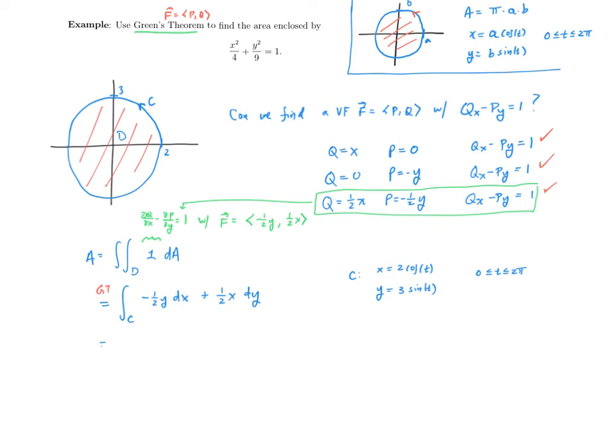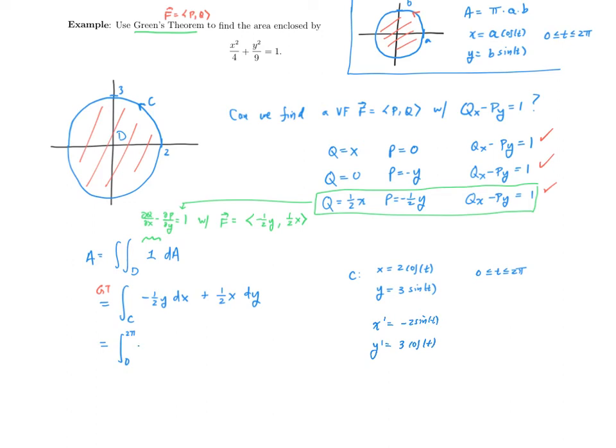And in order to evaluate this, we turn it into a line integral over that parameter t, and then we just substitute in for each quantity that we see in the integrand. For example, each x becomes a 2 cosine t, each y becomes a 3 sine t, the dx will be replaced by x prime, the dy will be replaced by y prime. So note, x prime is minus 2 sine t, and y prime is 3 cosine t.